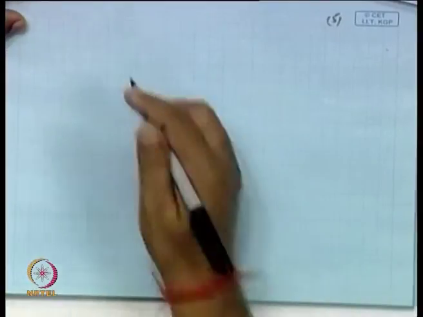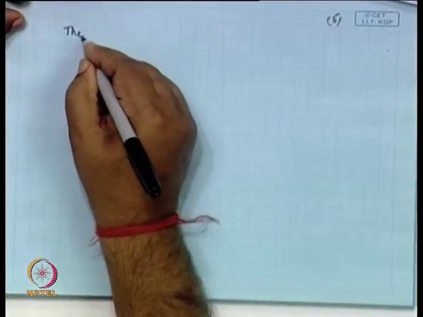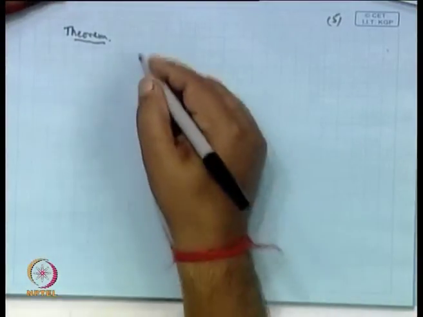Now we have a few properties of the self-adjoint operator in the form of results. So first theorem, on self-adjointness.